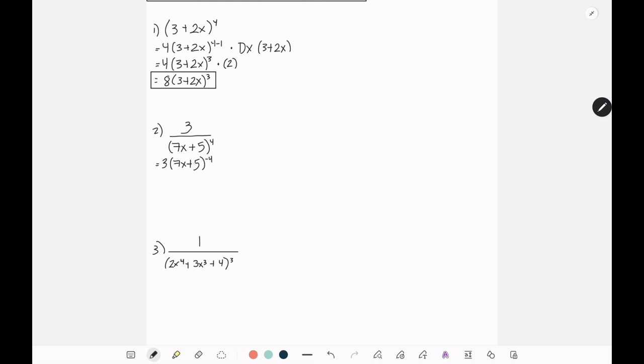So, after na ma-transform natin siya, now we can use this one. Okay? So yung negative 4 natin na exponent, ilalagay lang natin siya dito sa tabi ng 3. So, we have 3 times negative 4, and then 7x, copy again, plus 5, and then negative 4 minus 1, and then the derivative of 7x plus 5.